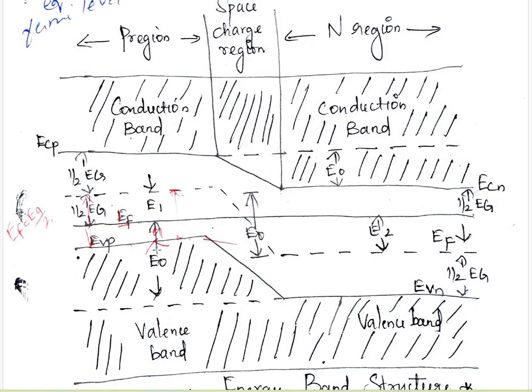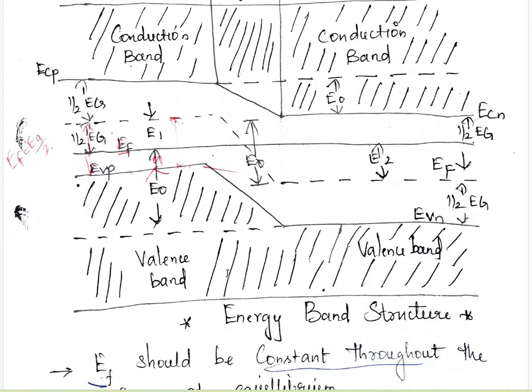Also, the distance from EVP to EVN is E naught, and ECP to ECN is also E naught. So this distance E1 would be equal to half Eg minus this distance. In the same way, this distance E2 will be equal to E naught minus this half distance.